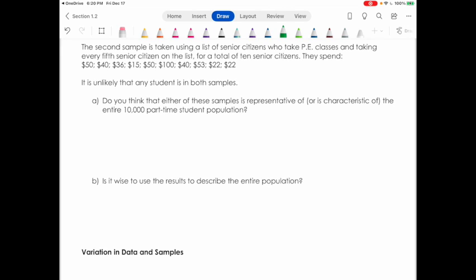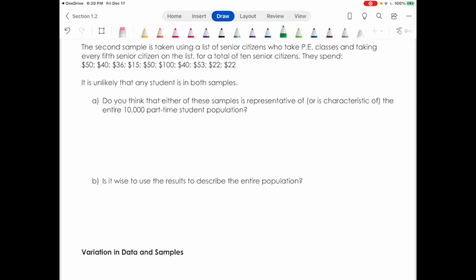Do you think that either of these samples is representative or characteristic of the entire 10,000 part-time student population? I would definitely have to say no to that because different ages were picked, and they were picked in such a way that it wasn't a good cross-section of all of the students at that school. Most of the students in the school are a lot younger, and in that second sample you're picking just senior citizens.